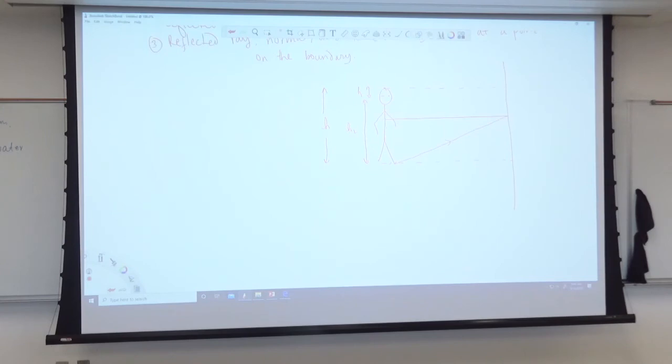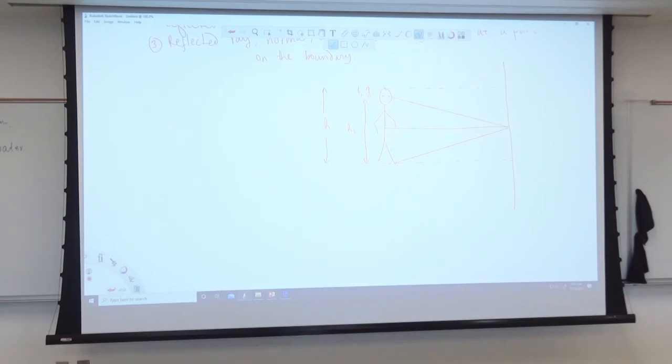Okay, so this angle is the angle of incidence. Then the angle of reflection must also be equal to that. That means this drawing is not very good, so we need to draw the normal halfway between the eye and the feet, so somewhere here. Okay, so that's the incident light, and that's the reflected light.